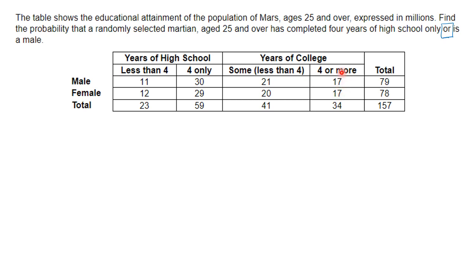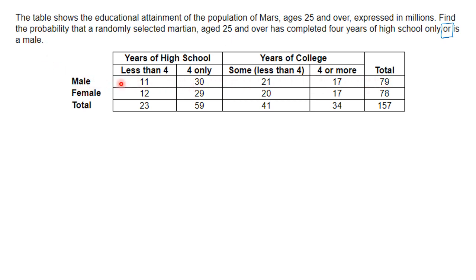Now, the first thing we have to determine is whether this is two events that are mutually exclusive or not mutually exclusive. This is describing those who completed 4 years of high school only, which is this one, or is a male, which is this one.